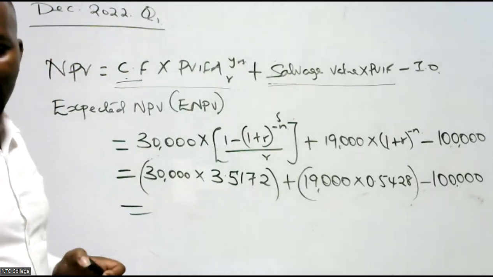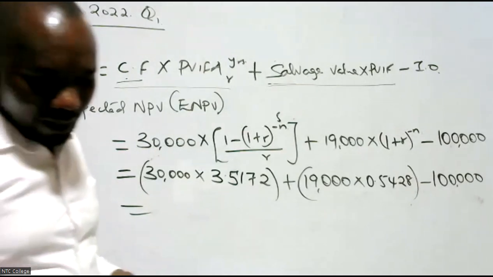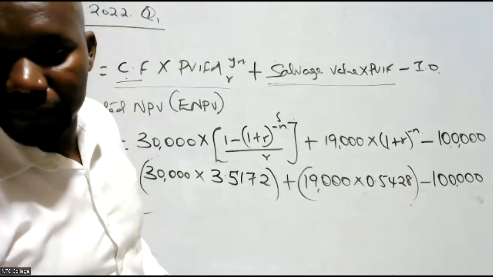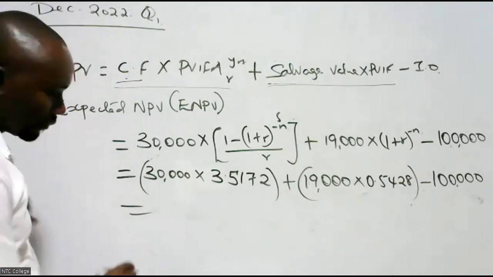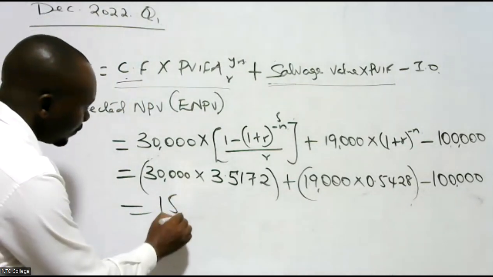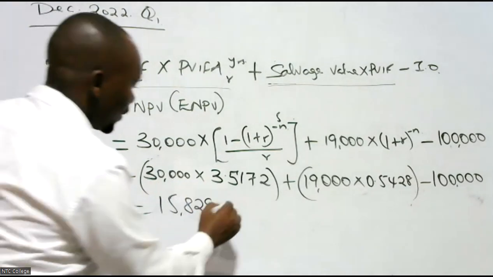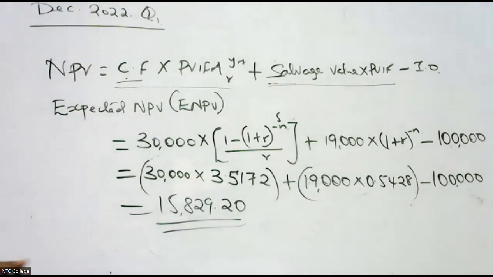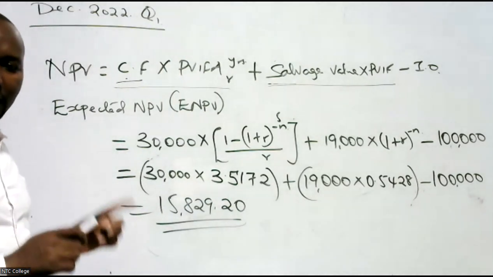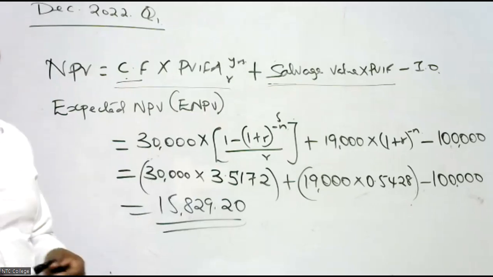So what are you having here? Ruth is saying that the figure is 15,829.20. Can you guys confirm that that is the expected NPV? So in the exam, NPV is different from expected NPV. This is the expected NPV.